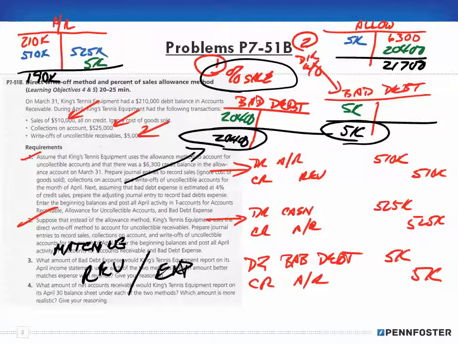So even though we're making an estimation of our bad debt, we're making that estimation based upon our sales. So we're using our sales, our revenues, and we're estimating our bad debt, which is an expense in that accounting period. By using the direct write-off method, we're not using sales, we're using accounts receivable.